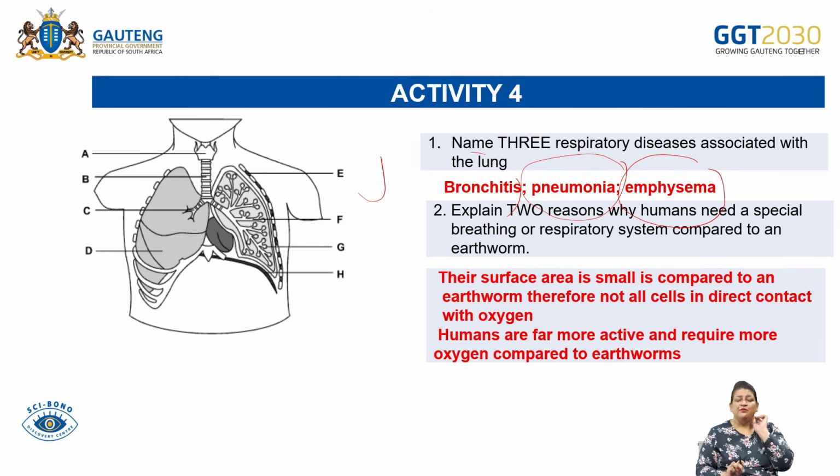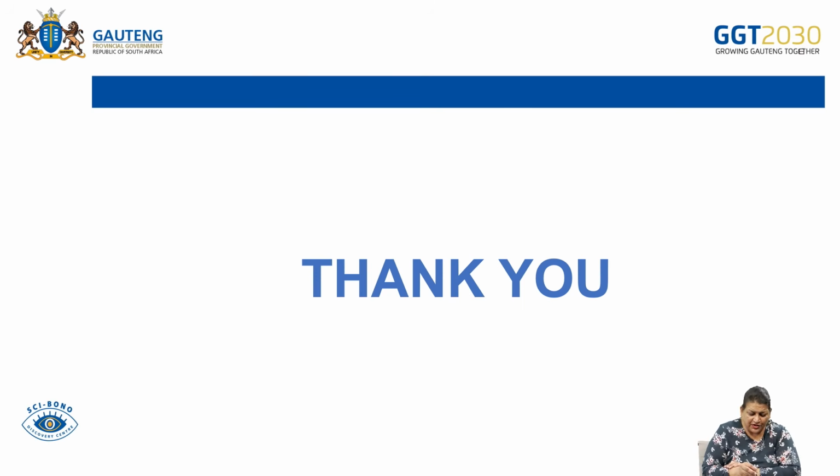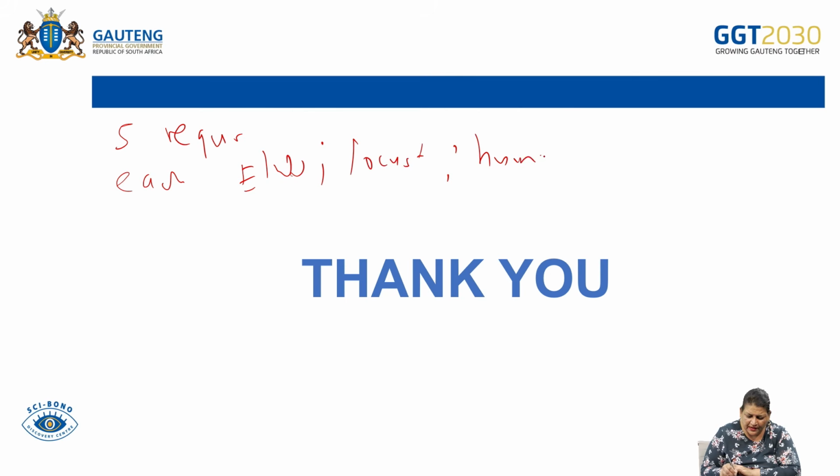So learners, what's very important, just to recap, is that you need to know the 5 requirements for gaseous exchange. You must know that. How is each one satisfied in the earthworm, in a locust, in a human, and in a fish?